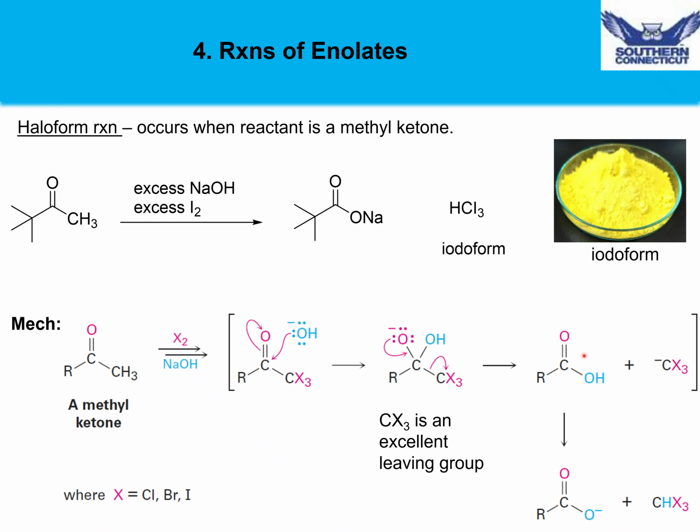Now, because this reaction is done under basic conditions, this carboxylic acid will be deprotonated and we get the conjugate base of a carboxylic acid. So that's what we see here as a product, but occasionally you might see a second step where we add aqueous acid, which will get rid of the base and also protonate the conjugate base of the carboxylic acid. So you might see the product of the haloform reaction shown as a carboxylic acid.